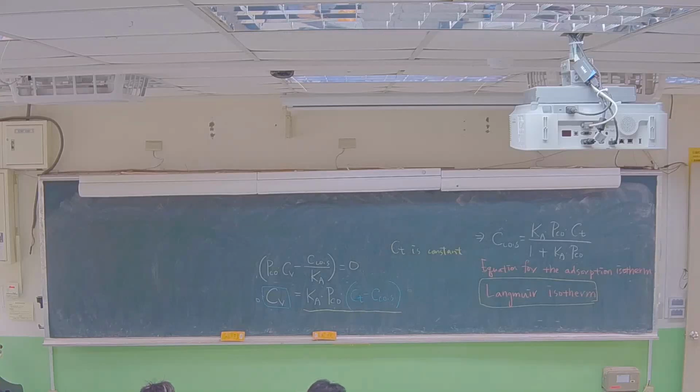We have a vacant site concentration in that equation. So we use site balance to replace CV using CT and CCO*. Finally we get that equation, which expresses the Langmuir isotherm. Okay, so let's draw the plot.